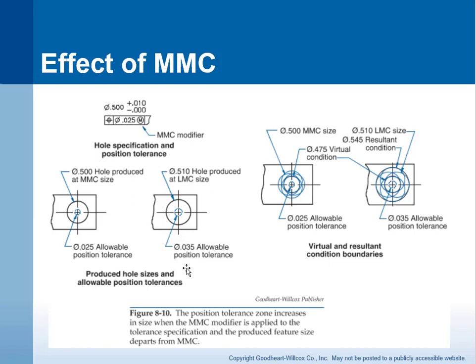For every thousandth the hole deviates from MMC, I pick up another thousandth of true position tolerance. So at our least material condition, I have 35 thousandths allowable position tolerance. Okay, so what that means is that as the hole gets bigger, I get more tolerance.